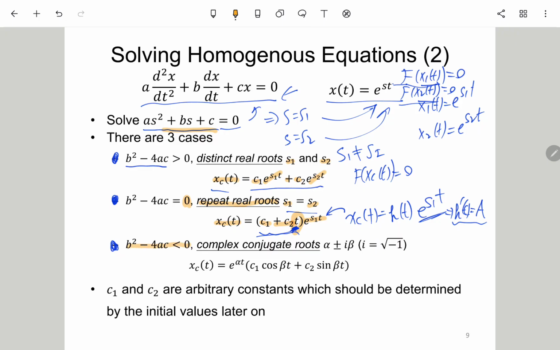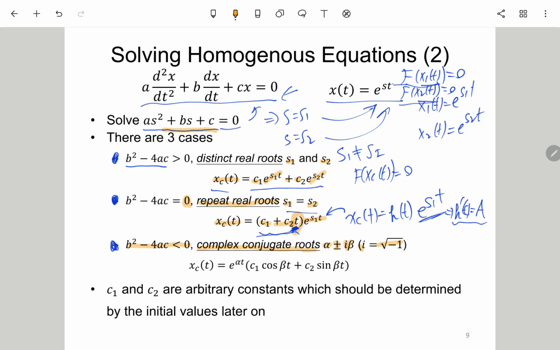Even for a high school student, you know that for this case of b squared minus 4ac less than 0, it should be complex conjugate roots. So it should be like alpha plus or minus i beta, where i is the square root of -1.